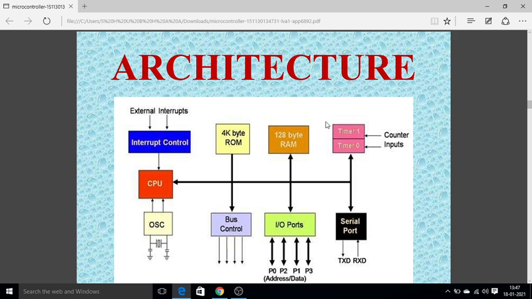These count the amount of data transferred between the peripheral devices, and it has the bus control.